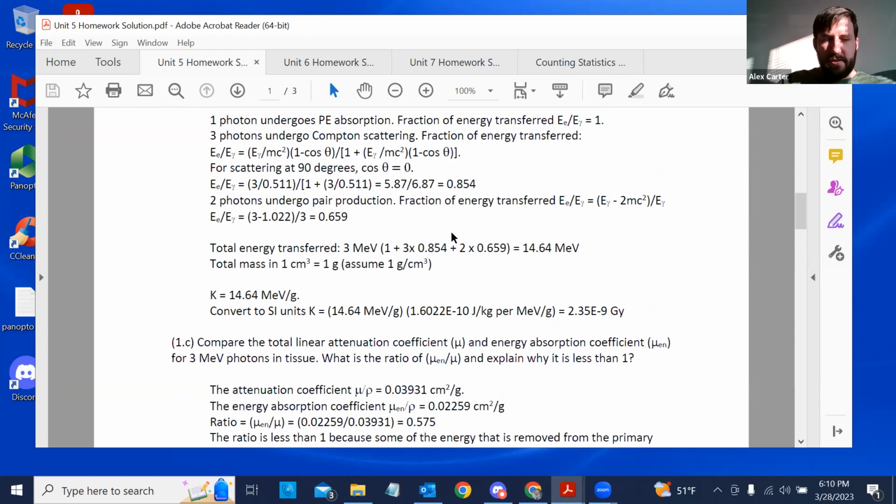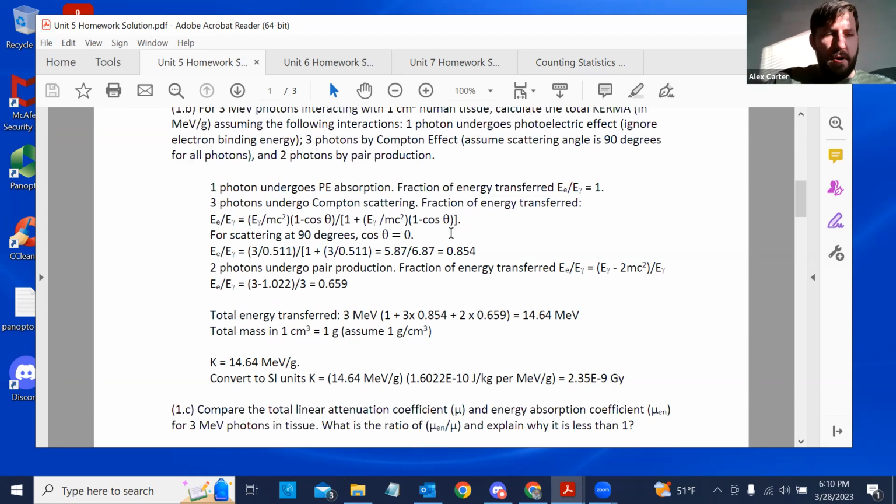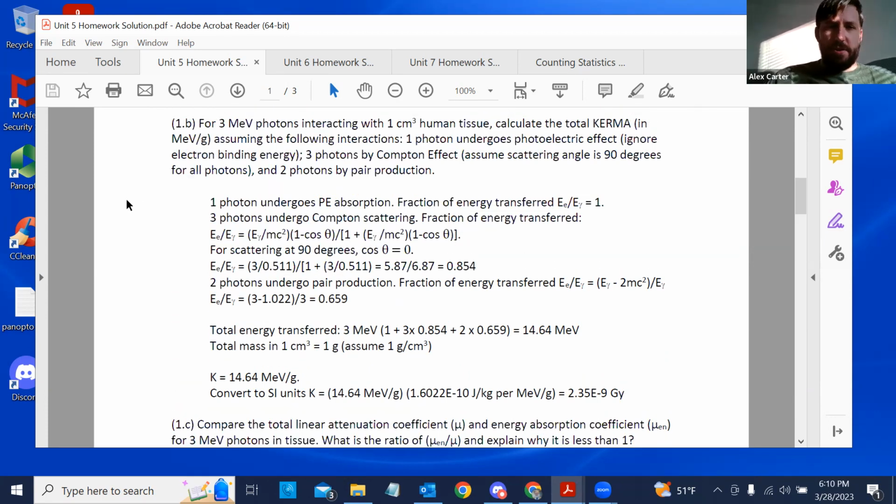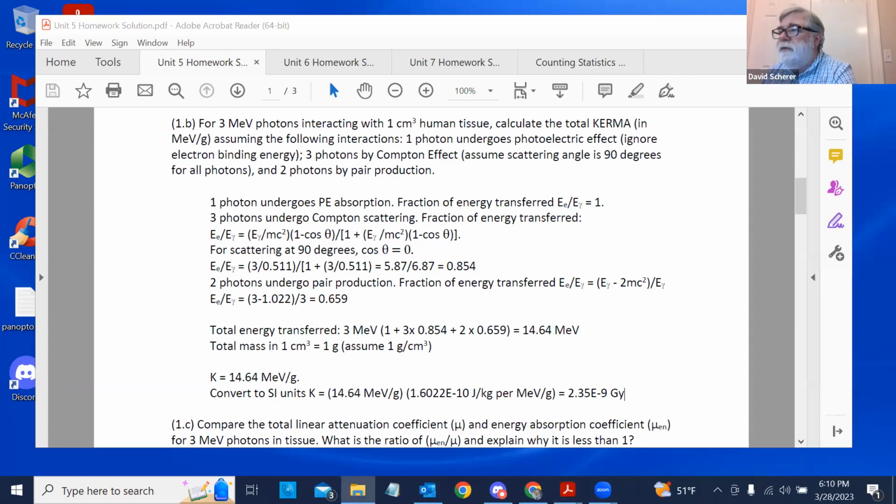My only question is on my homework, you had a note. How did you get the XCOM data for tissue? Right. So let's go to XCOM. Yeah, let me show you. You have to put in a formula to use XCOM.